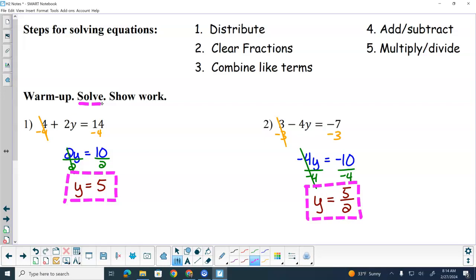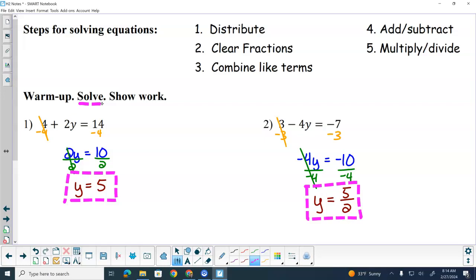When we solve, what do we want the end game to look like? What do we want the end game to look like when we're just solving, like we've been doing for a month and a half now?